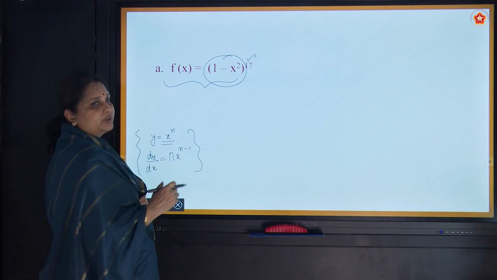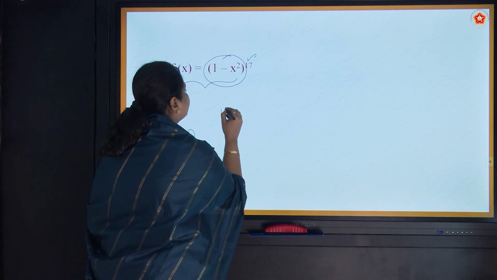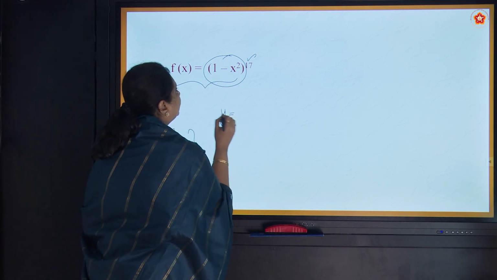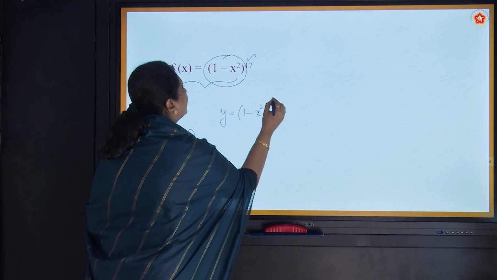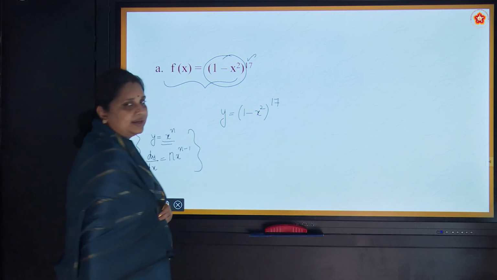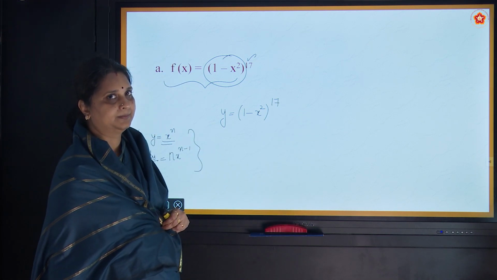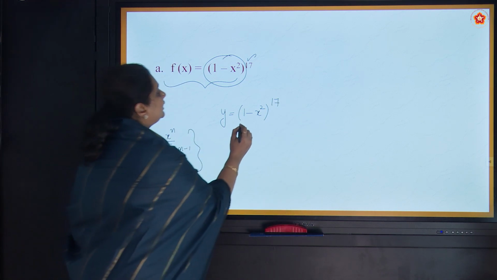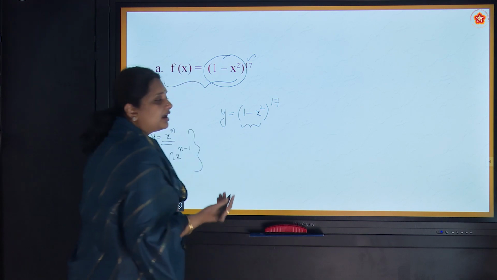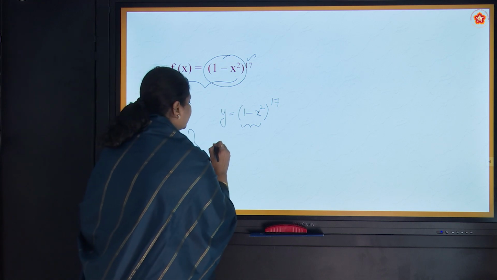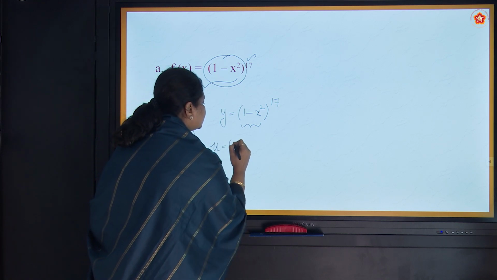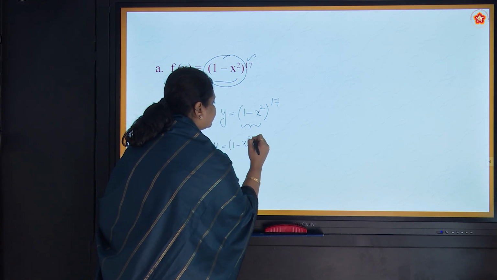So how are we going to do it? First, let's rewrite it. We'll write f of x as y and write y is equal to 1 minus x squared, the whole raised to the power 17. Now, for my convenience, since if I have one variable on the base, it's easy for me to differentiate, I'm going to replace it by u. u is equal to 1 minus x squared.